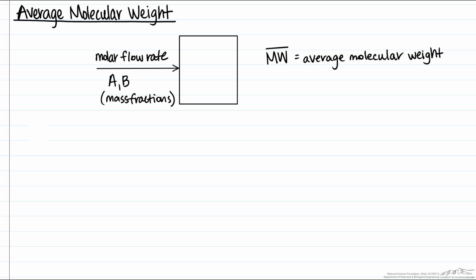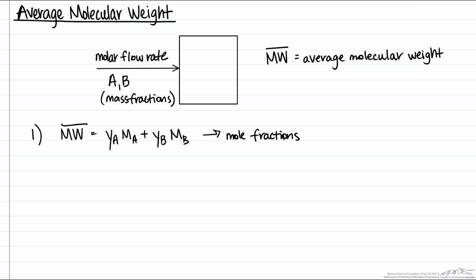So there are two ways to calculate the average weight of a mixture. One is to use the mole fractions, if that's what you're given. So this would be, for example, y_A times the molecular weight of A plus y_B times the molecular weight of B. And that's if you're given mole fractions.